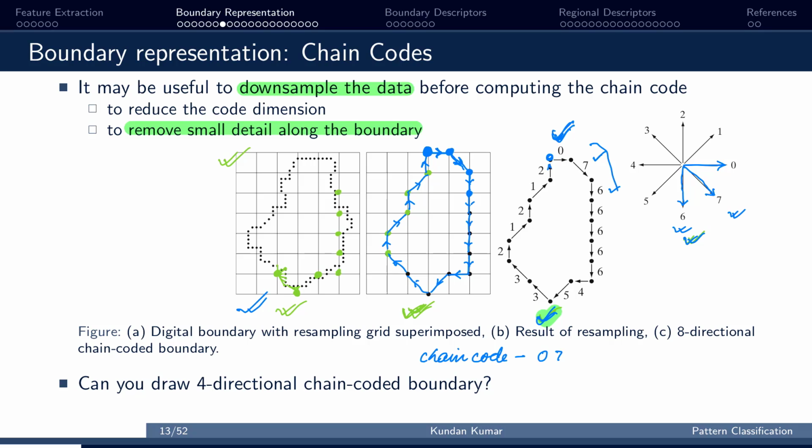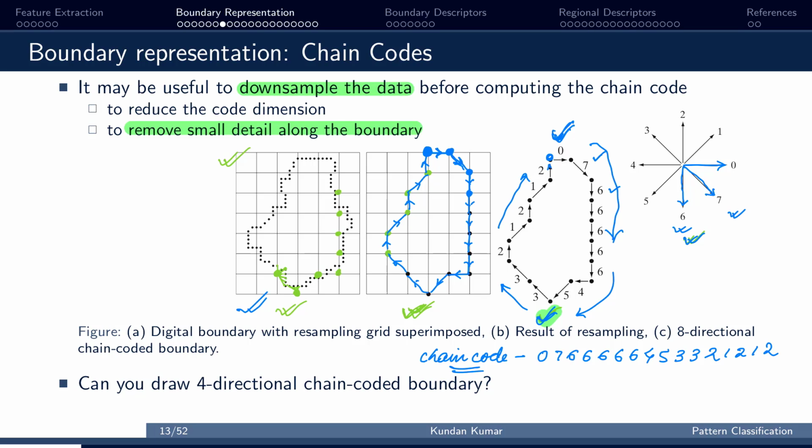That means we move in the clockwise direction, and we write all the numbers that we assigned to each boundary segment. So this will be 6, 6, 6, 6, 6, 4, 5, 3, 3, 2, 1, 2, 1, 2. So this is our chain code.